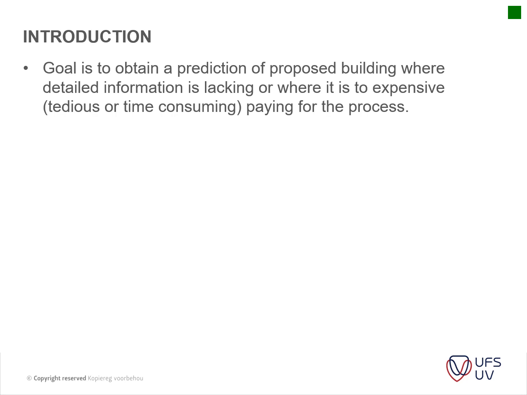It doesn't help that you try and compile a bills of quantities when you're only at stage 2 or 3, because there's still a lot of things that can change. So you don't want to spend too much and pay the QS too much fees during this stage of the game. So usually estimation is the best solution that can be used.